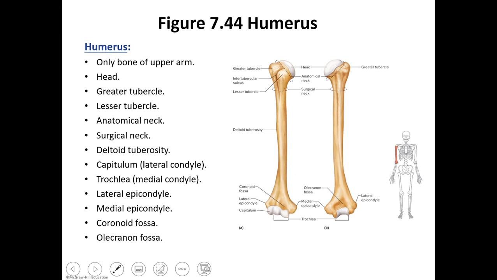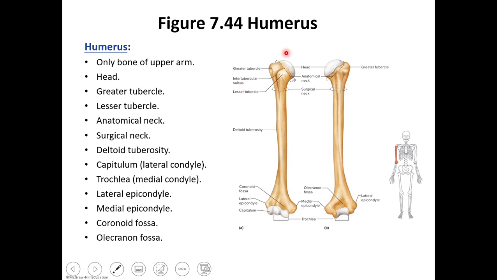For the humerus, you have the head of the humerus, and that head of the humerus is what articulates into the glenoid fossa. You have the greater tubercle. There is a sulcus, a fissure, like a small canyon gap that goes down, and it's separated by the greater and lesser tubercle, and that's the intertubercular sulcus.